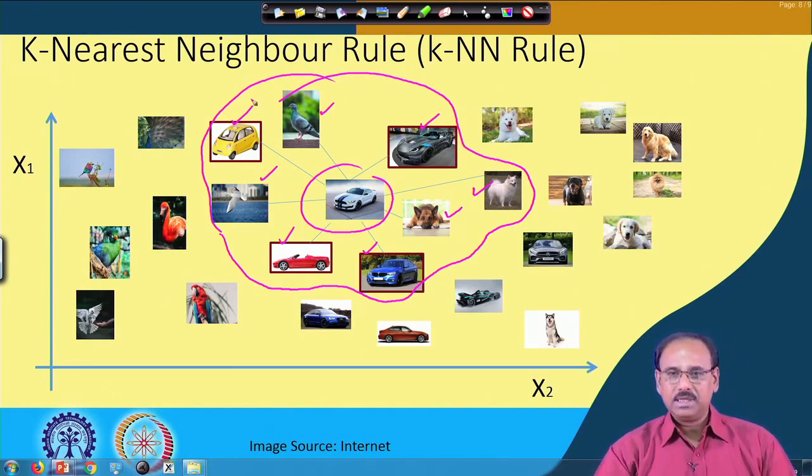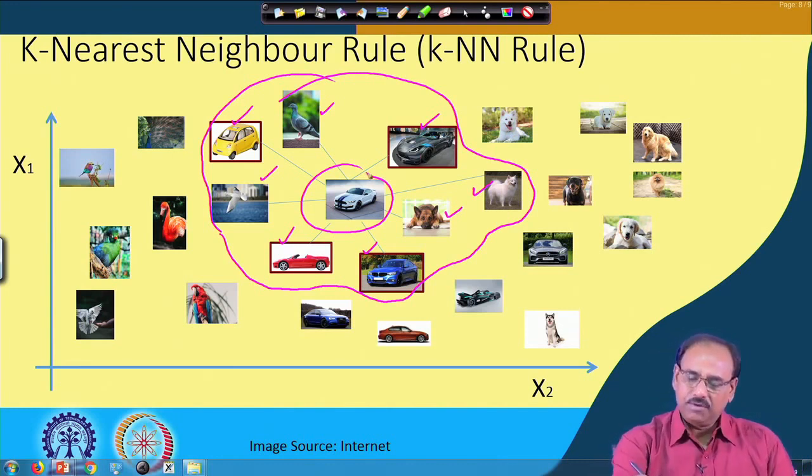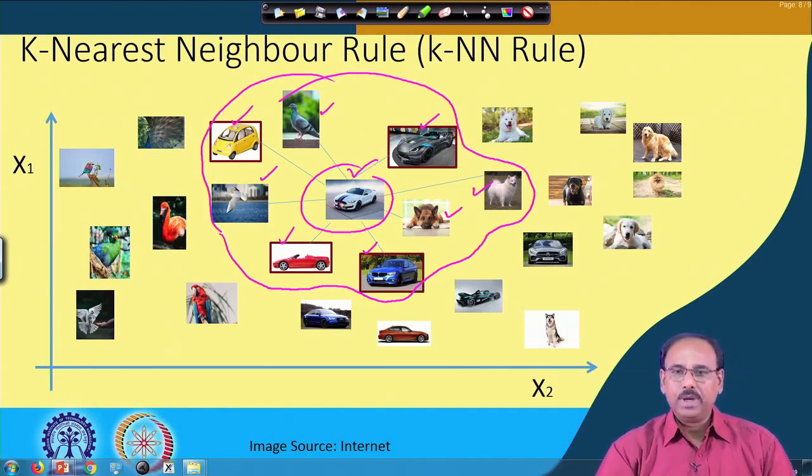So, these car images are in majority. So, I classify this unknown image to be one of the car images, and my classification in this case is correct. So, the k nearest neighbor rule in general gives better results than the nearest neighbor rule, because you are taking the decision based on multiple images or multiple feature vectors, which takes care of the removal of outliers.